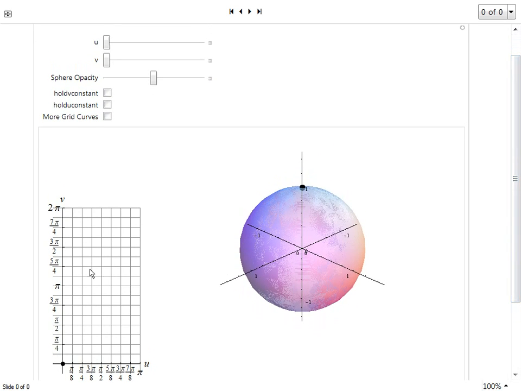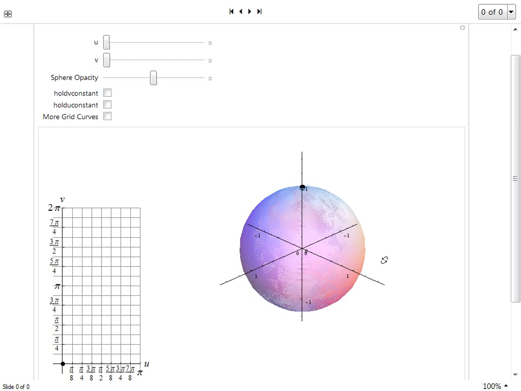What I have on the left-hand side is like a domain. Remember, u and v are my variables. I can plug in different values of u and different values of v. So remember, t used to be like the clock running in the background, and the curve would go off and do whatever. Now my clock is actually two-dimensional, and it's in the background, so I don't normally see it. Does everyone understand that this grid right here is not the ground over here?